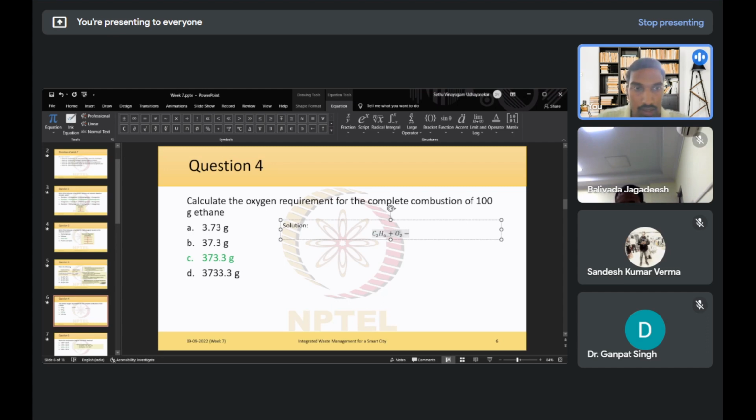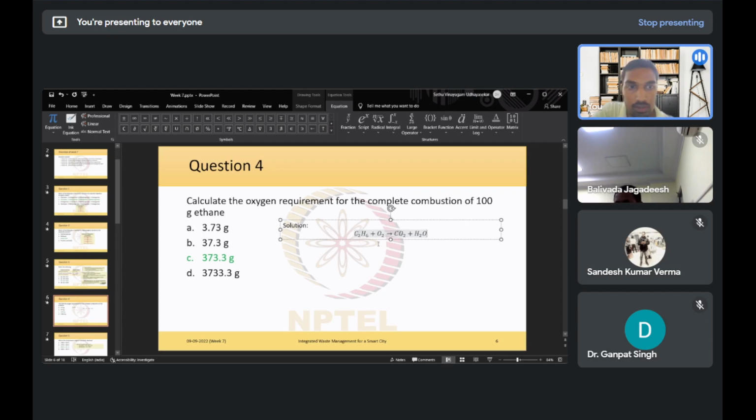Upon complete combustion, the end products are nothing but carbon dioxide and water. These are the output when ethane completely undergoes combustion.